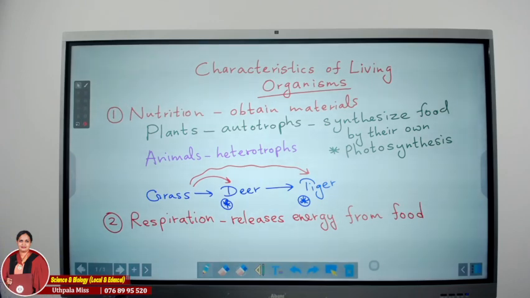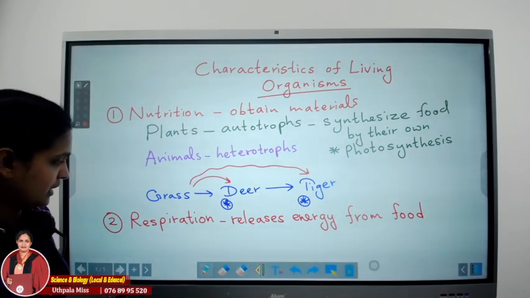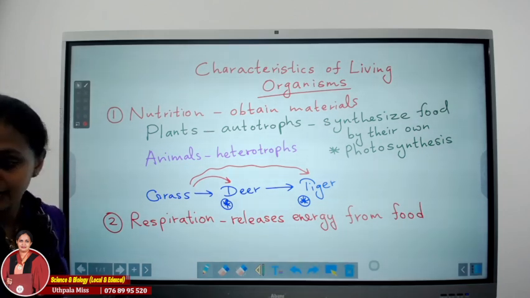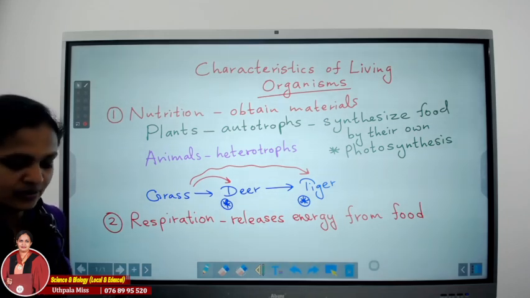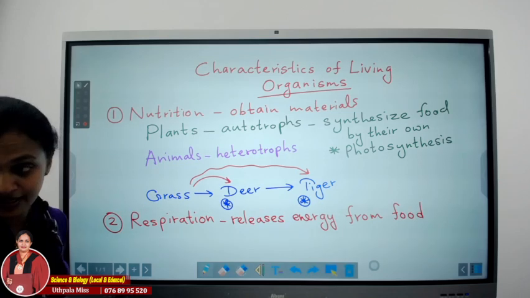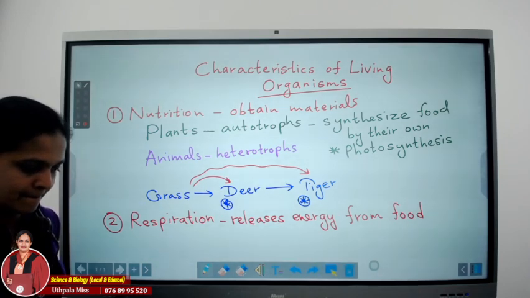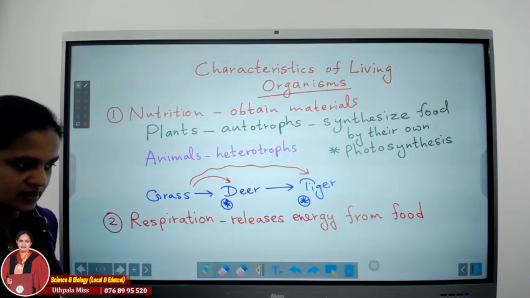Within brackets, you can say stimuli are the changes in the environment that become sensitive to our sensory organs.